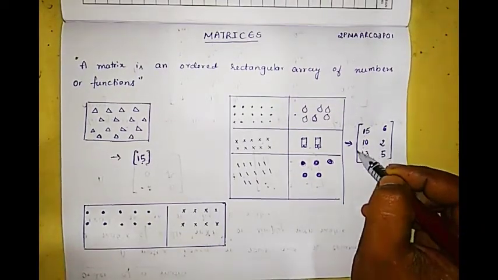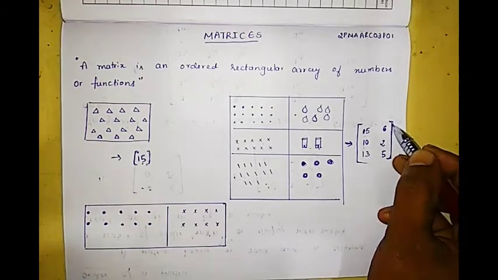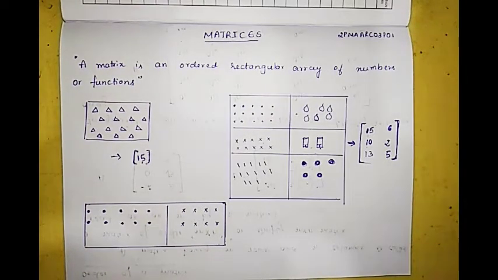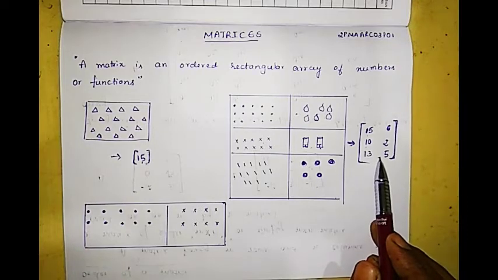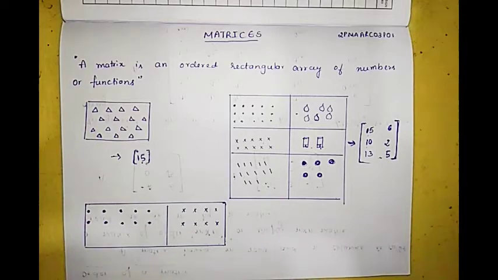And I am enclosing this arrangement of numbers by the square bracket. So this kind of arrangement of numbers or functions is known as a matrix.